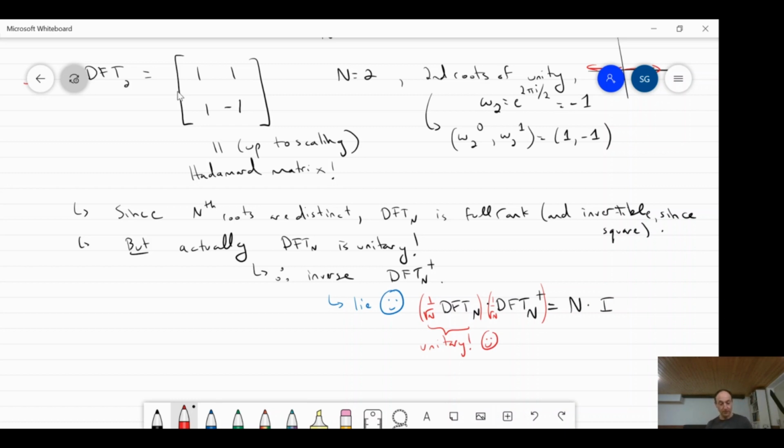Good. So typically in this lecture henceforth, when we talk about the DFT, we're talking about this renormalized DFT so that it becomes unitary. So why in the world do we care if something is unitary? Well, obviously, this is a quantum course. Unitary operations, we can have a hope of applying on a quantum computer.